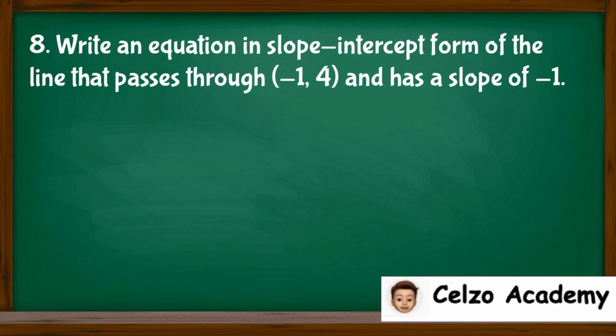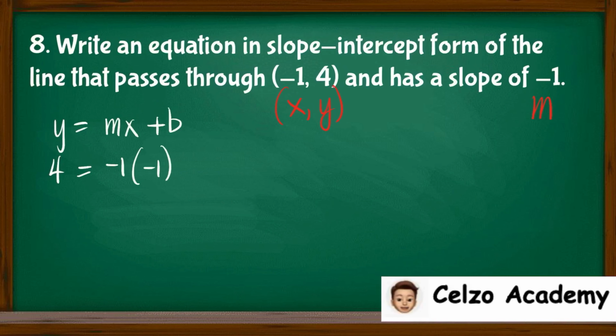Question number 8. The given point is negative 1, 4, which is our x, y values, and m is negative 1. Using the slope-intercept form y equals mx plus b, we substitute y is 4, m is negative 1, x is negative 1, plus b. Simplifying this, we have 4 is equal to positive 1 plus b.